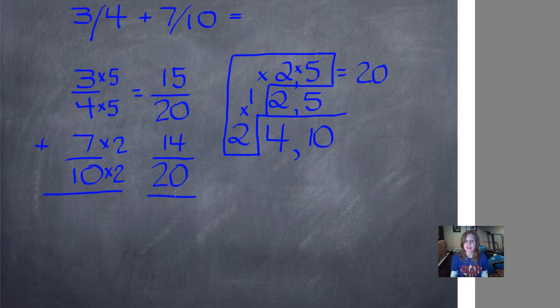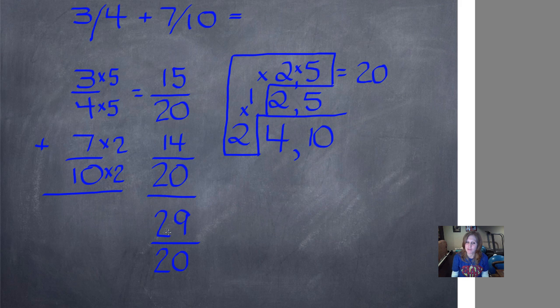Now I can add these just the way I would add two fractions that have the same denominators. So my denominator is going to stay the same, 20, and I'm going to add 15 and 14. I can do this in my head, or I can just add 5 plus 4 is 9, and 1 plus 1 is 2. Now I did this one on purpose because 29/20, remember that?